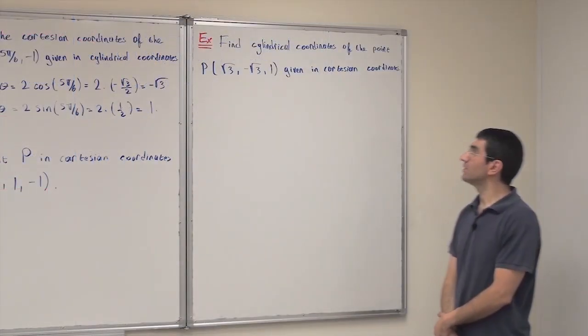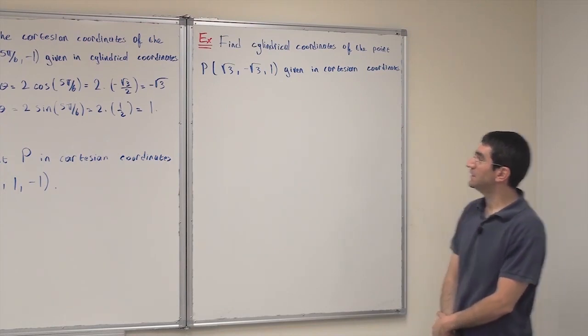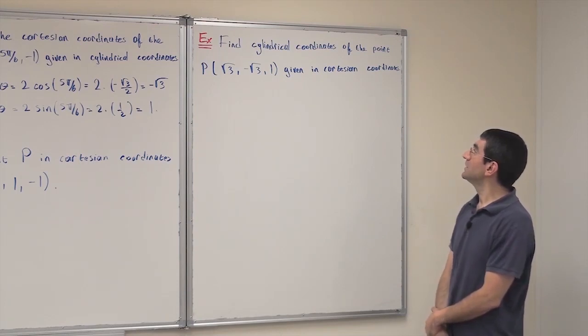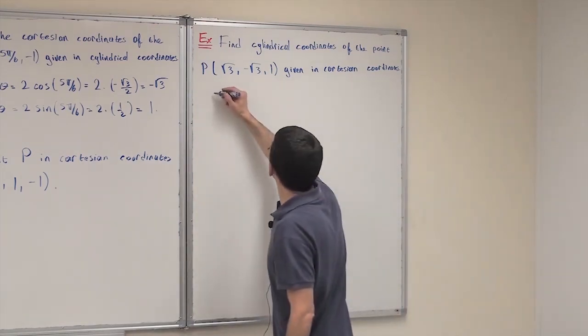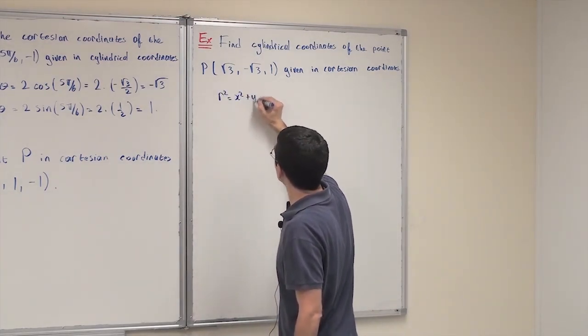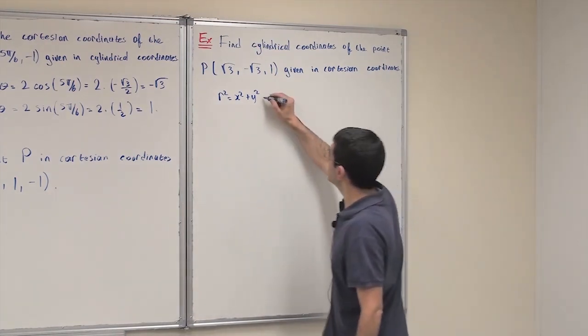In this exercise, we want to find the cylindrical coordinates of the point P, which is (√3, -√3, 1), given in Cartesian coordinates. So, to find the cylindrical coordinates, we are going to use the second set of relations. r squared is equal to x squared plus y squared.